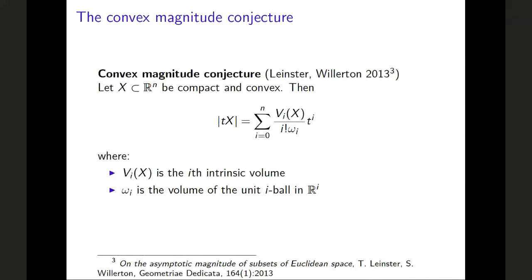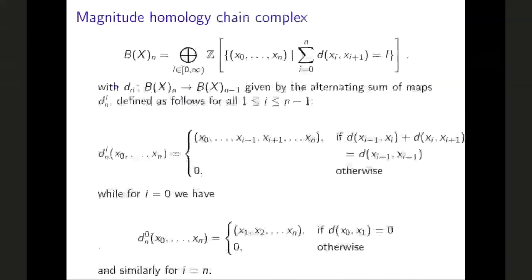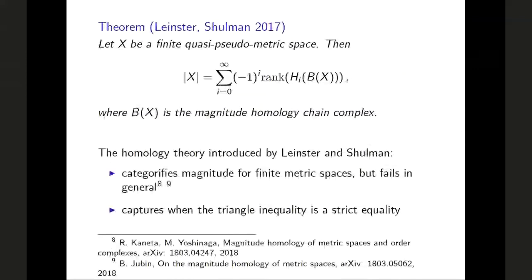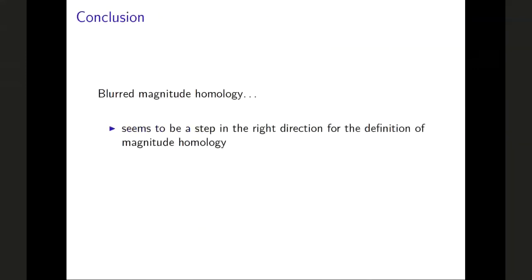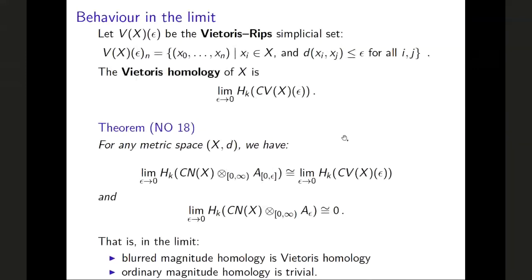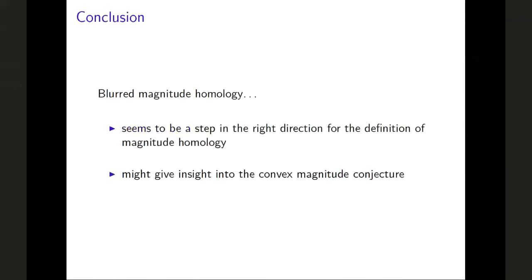In this limit behavior of magnitude homology that we have seen at the end, blurred magnitude homology gives us back the ordinary homology. So this also seems to suggest that this is the right direction in which to go, and it could give further insight into the convex magnitude conjecture.